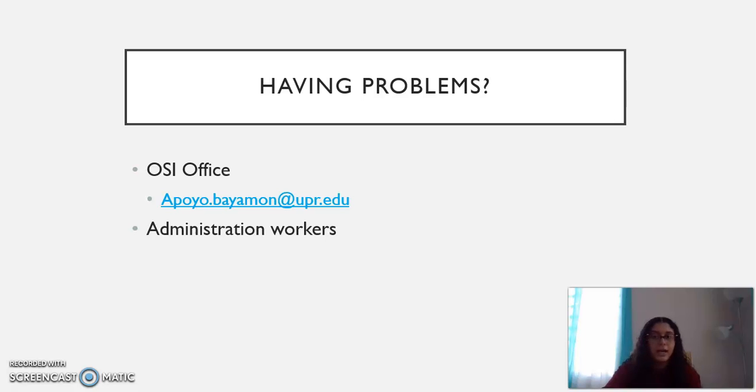I personally haven't had any problem logging in or submitting any assignments, but some days the platform is under construction, as I like to call it, so you can't do anything on the platform. But the institution will always tell you when that is going to happen, so you do everything that you have to do beforehand and you are prepared.